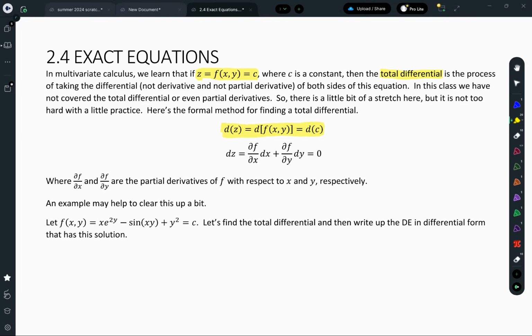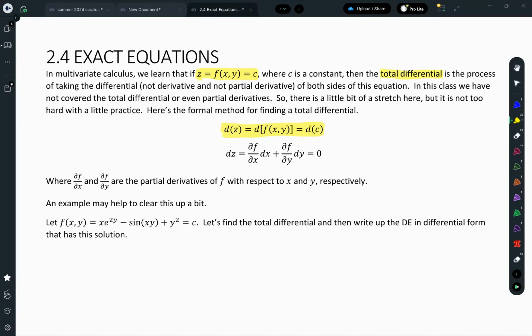The differential of f of x,y is twofold. So first it's like, oh, what's your first variable? And then it wants to know with respect to your first variable, which is x, so let's find a derivative with respect to x, and then let's do the same thing with respect to y.